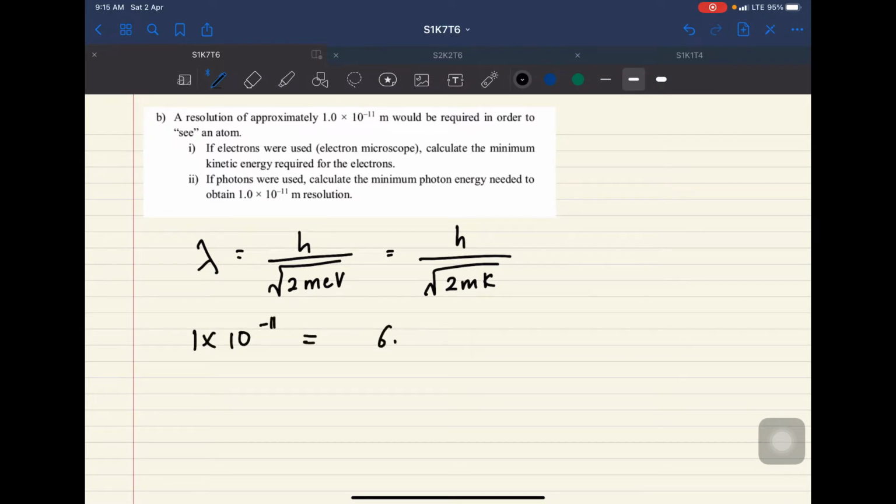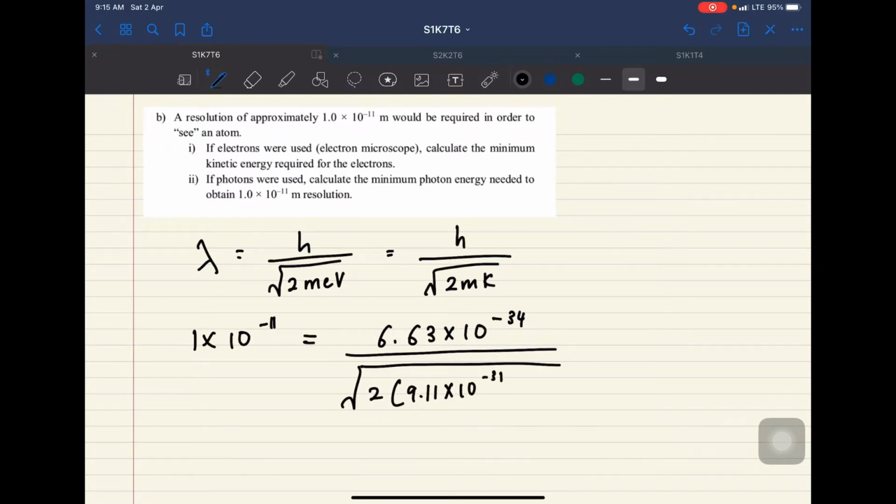Planck constant is 6.63 times 10 negative 34, square root of 2, because this one is electron, so you have to use mass of electron, which is 9.11 times 10 negative 31, and we want to find the K.